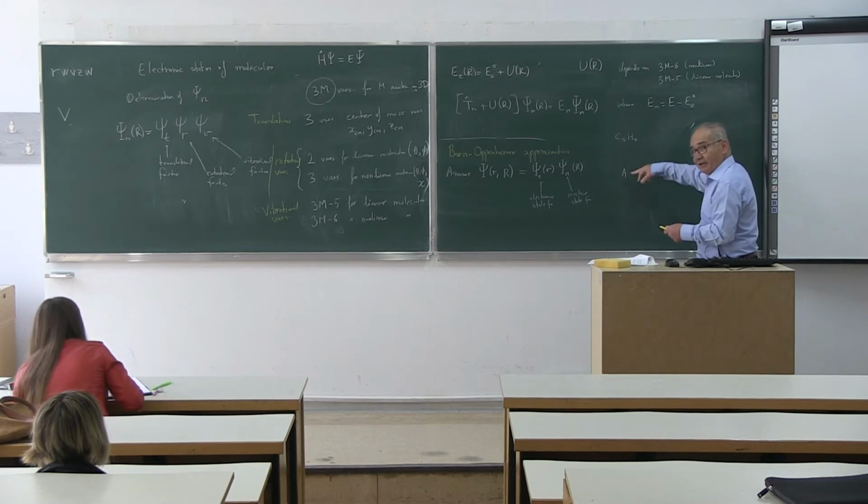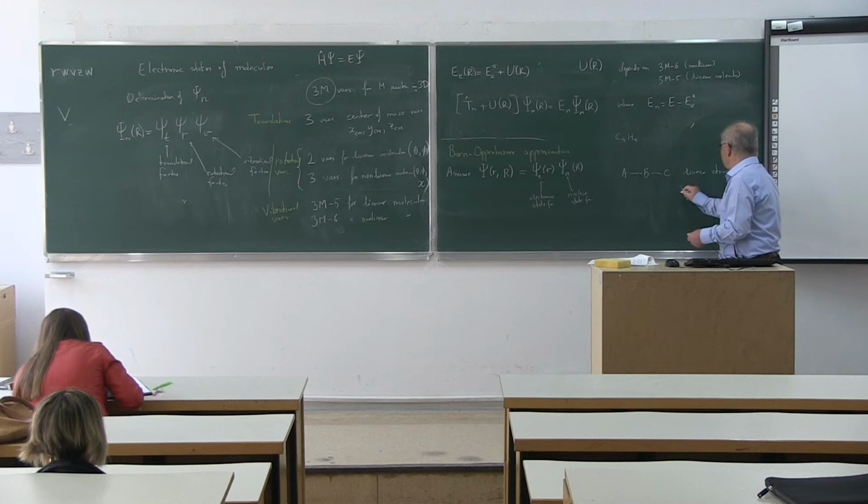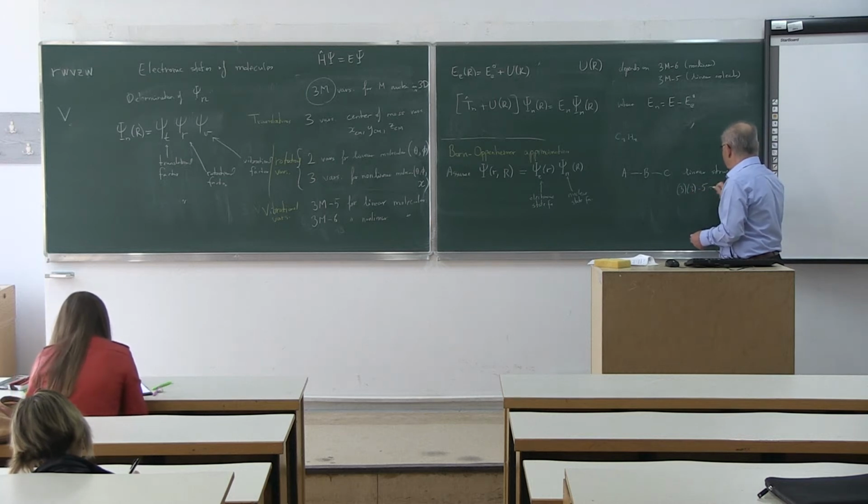There are 3 atoms. So for the linear structure, 3 times 3 minus 5. 3 times 3 is 9 minus 5.